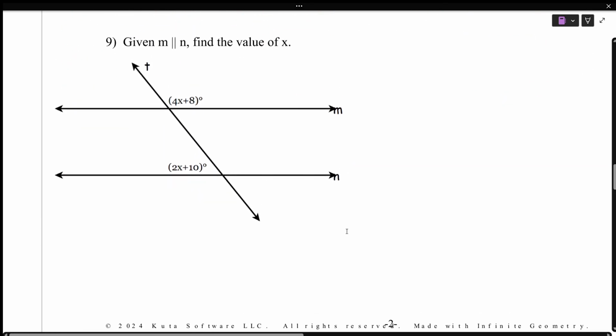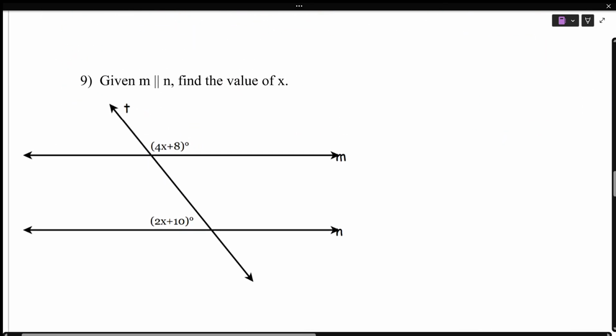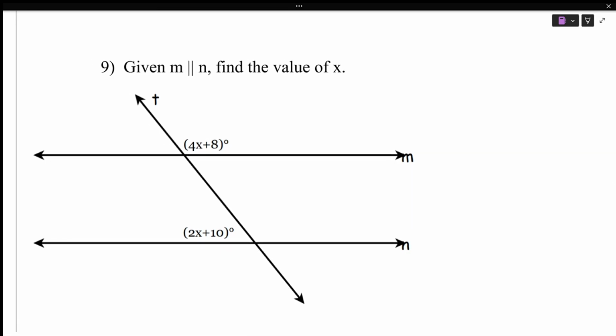Number 9. This one's a little bit tricky, right? Because we're looking at these two angles, and we're telling ourselves, wait a minute, they don't look like any of the angles we've been studying. So we have to kind of move them around.